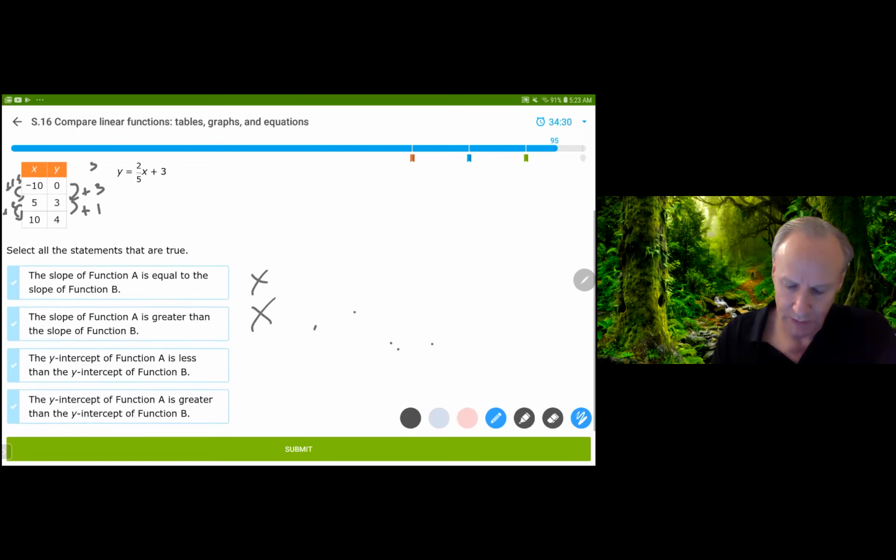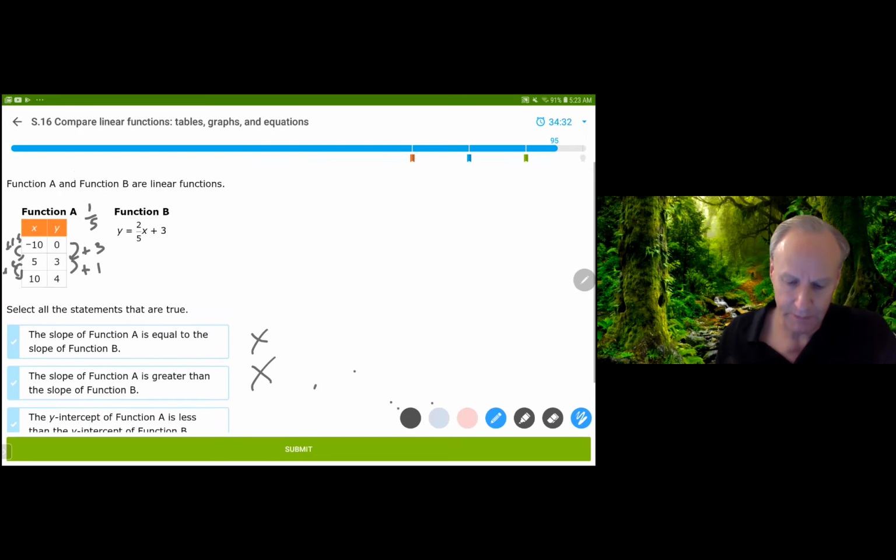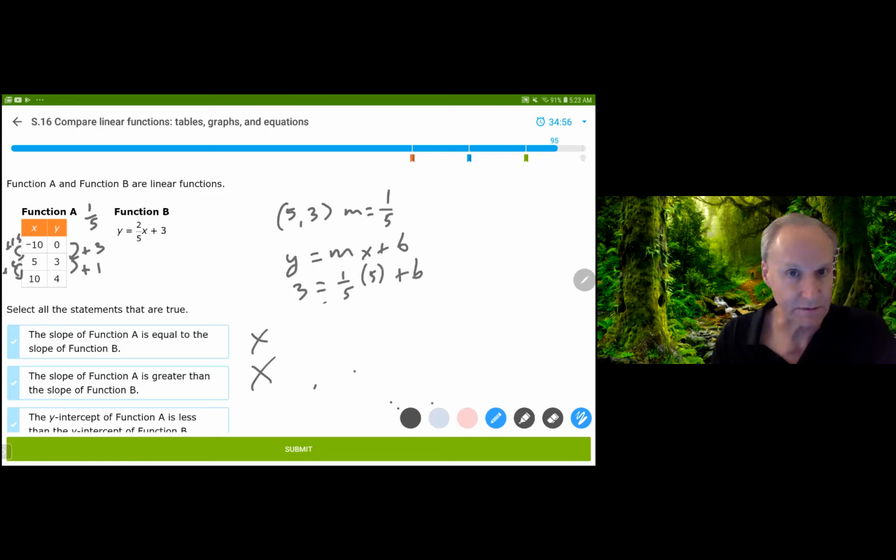Now we want to look at the y-intercepts and compare them. So for function A, I'm going to use my (5, 3) point, and the slope is equal to 1/5, and I'm going to substitute into y equals mx plus b. The y is 3, the m is 1/5, the x is 5, plus b. The 5's cancel out, giving me 1.